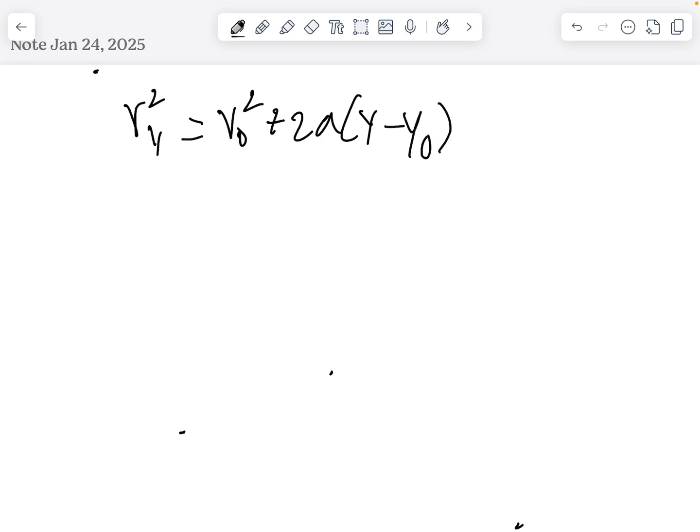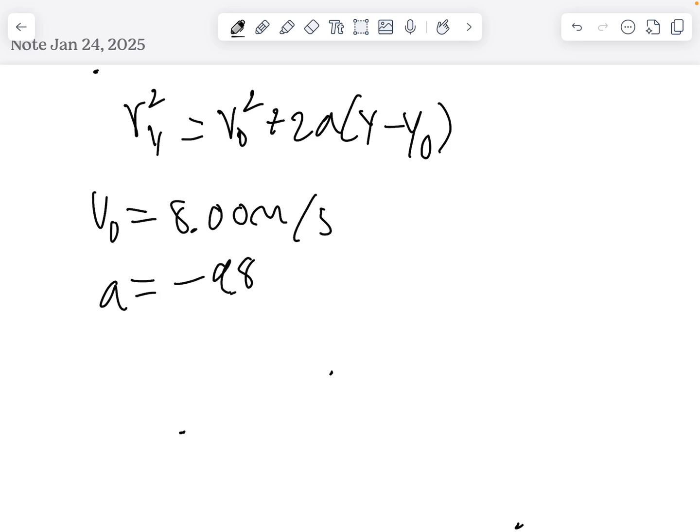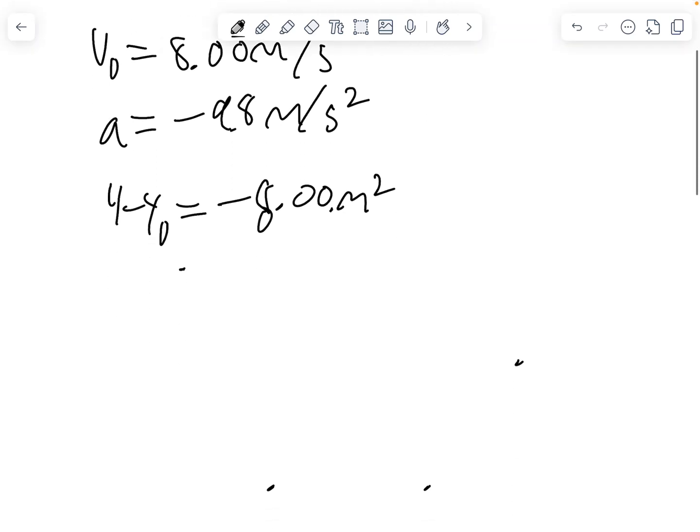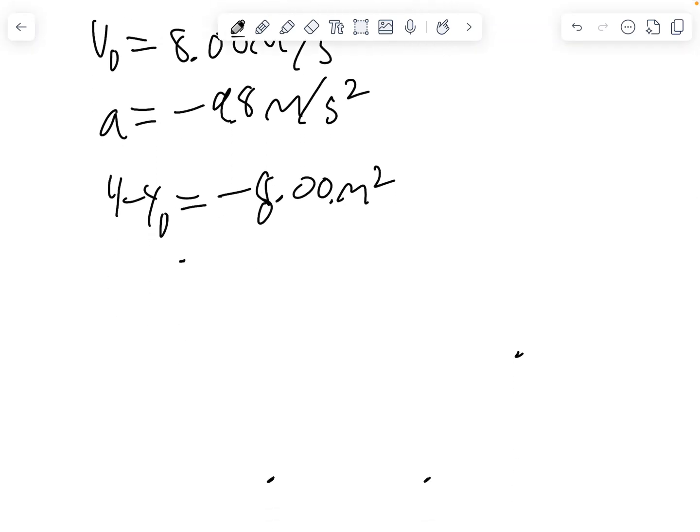So we know what the initial velocity is. We know the force of gravity, and we know that y minus y0 equals negative 8.0 meters, because it's just below the starting position.